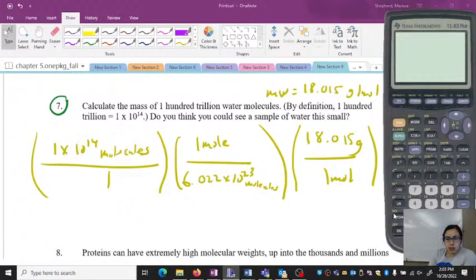And so what do we get when we plug this in? So I've punched something like that in. So is that what other people got?